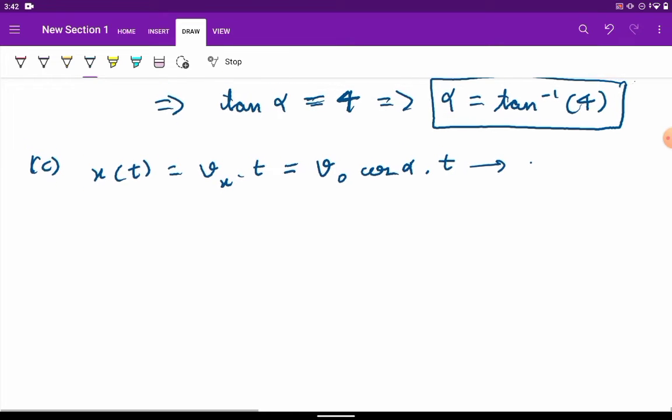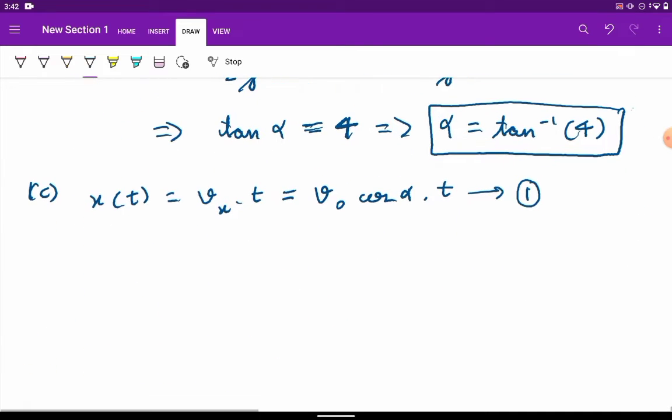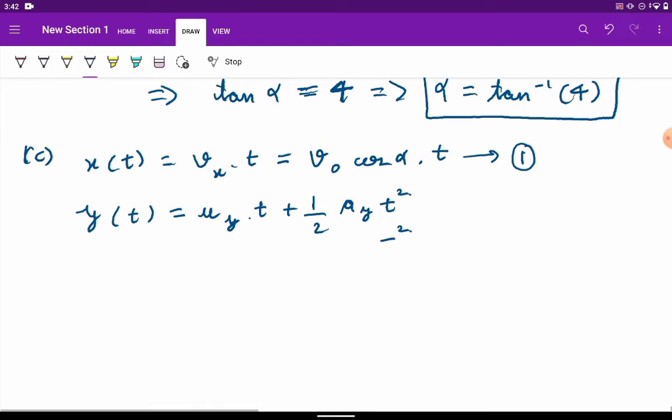Now let's go for y of t. Okay, so now for y of t there is an acceleration, right? So you can use the ut plus half at square. So basically uy t plus half ay t square, and now we have already used uy in previous parts.